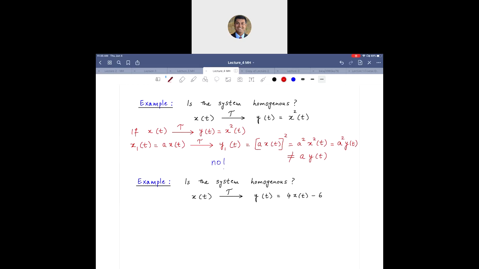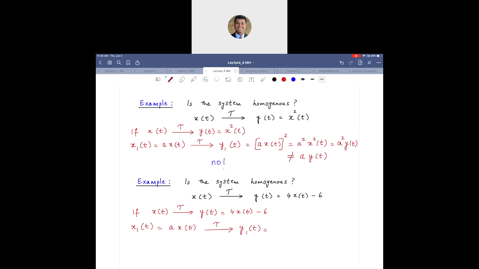Let's do another example. Let's start the same way. If x of t goes into a system with a system operator T, you get y of t. In this case, we have 4x of t minus 6. A new input x1 of t, defined as some scalar times x of t, goes into the same system. You get y1 of t, which is going to be what?